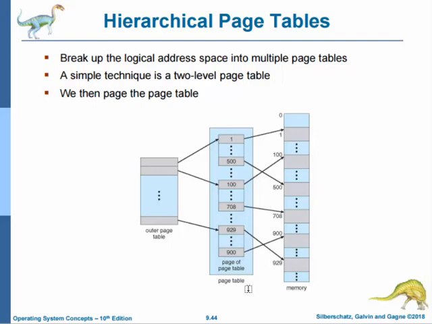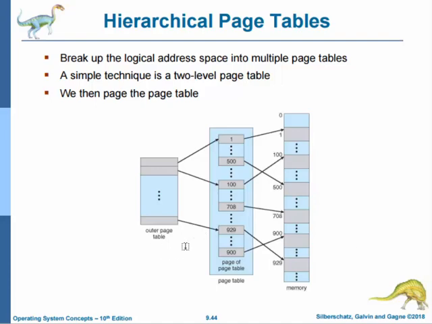The page number is further divided into a 10-bit page number and a 10-bit page offset, and this is the technique where we page the page table. This is the page table, and then we use it to get another page. So the term is used as we page the page table.